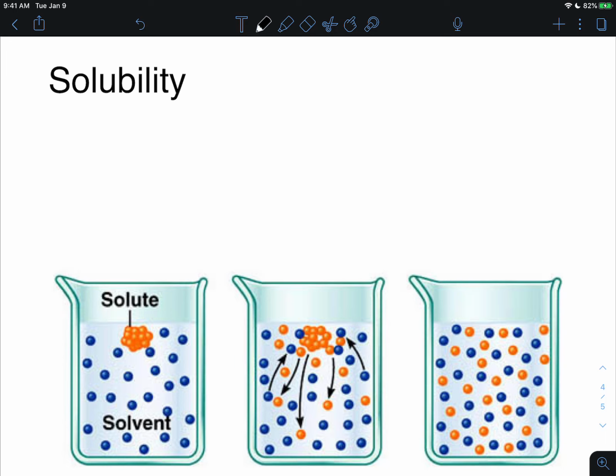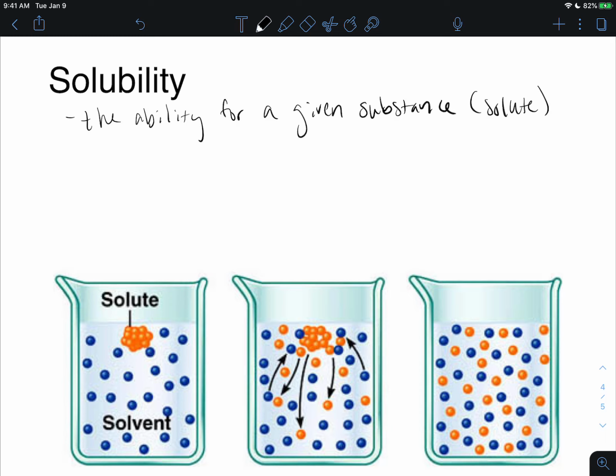When we talk about the idea of solubility, it is the ability of a given substance, a solute, to dissolve within a given solvent. So, the ability for a given substance, our solute, to dissolve in a given solvent.